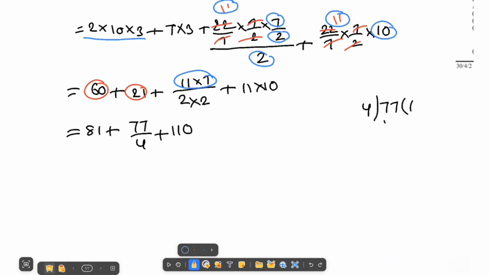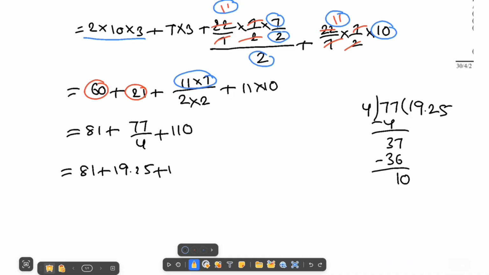4 ones are 4, remainder 3. 37, 4 nines are 36. So you'll get 19.25. So 81 plus 19.25 plus 10.